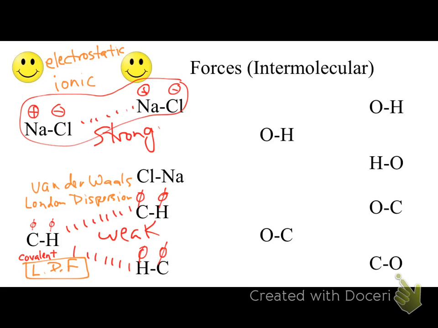Okay? What happens when we move over to the other two cases? And I'm going to pick oxygen-carbon. Which interaction is favored, top or bottom? What type of bond do we have between oxygen and carbon?